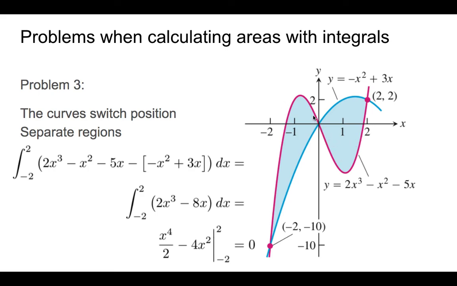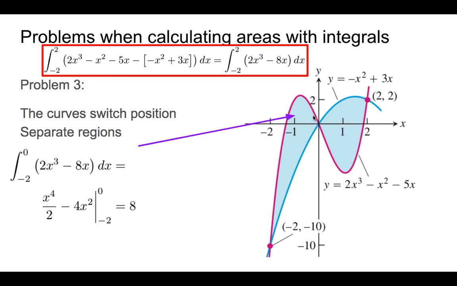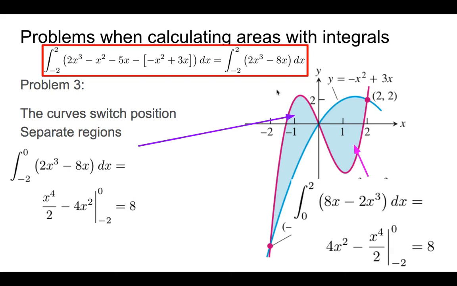So the right way to calculate the area is to just remember that this is the integral that we're trying to get, but instead of going from -2 to 2, let's calculate the region separately from -2 to 0 first, and if you do that, you get an area of 8, and then let's calculate from 0 to 2, reversing the order of the curves because the curves have switched positions. So instead of solving the integral for this expression, I'm going to change the order.